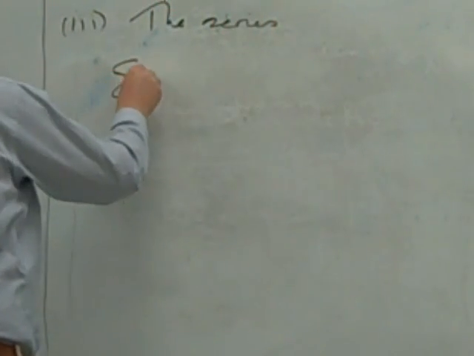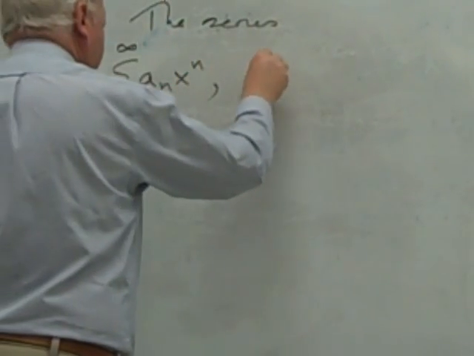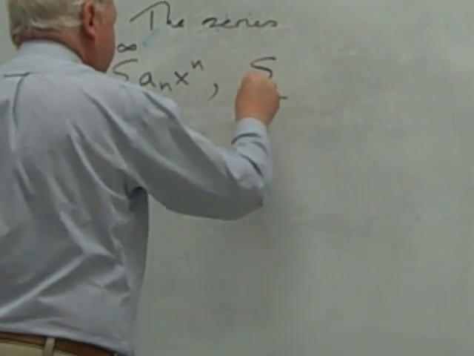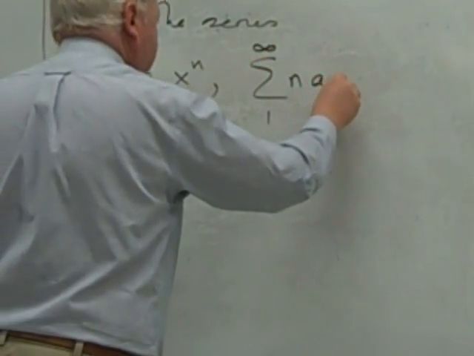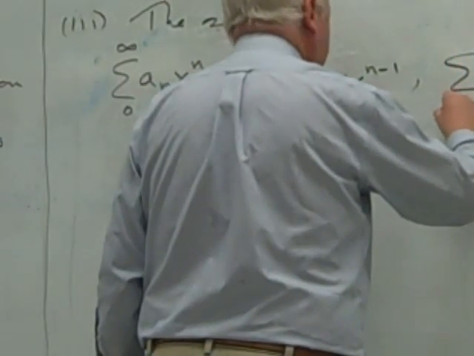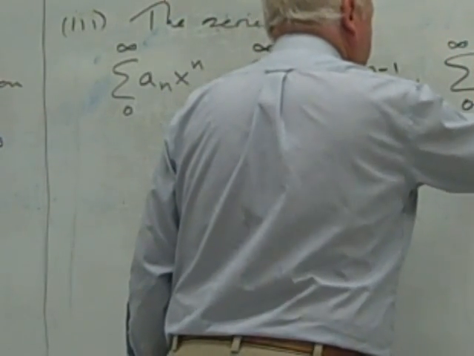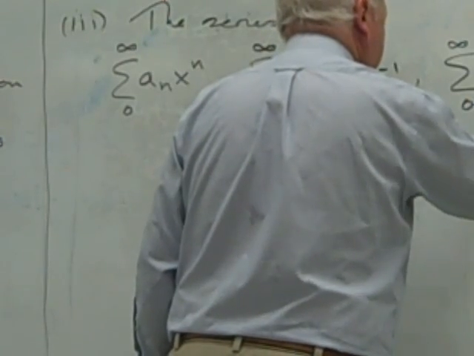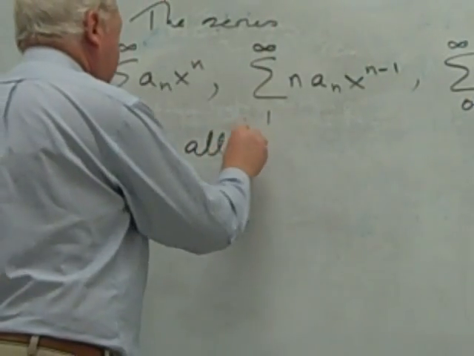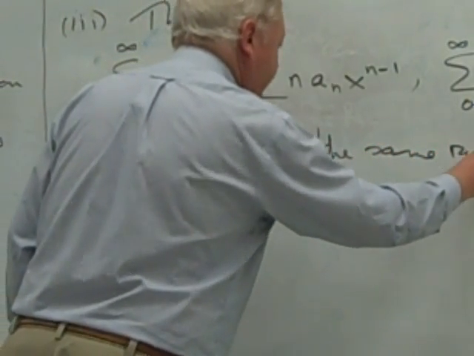So the series sigma an x to the n, the differentiated series n an x to the n minus 1, and the integrated series all have the same radius of convergence.